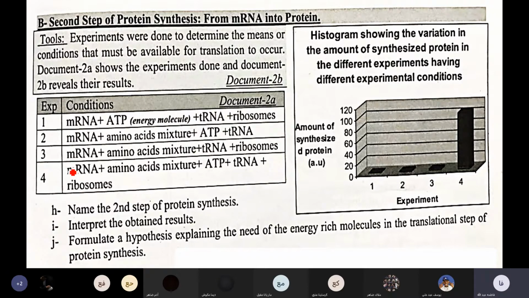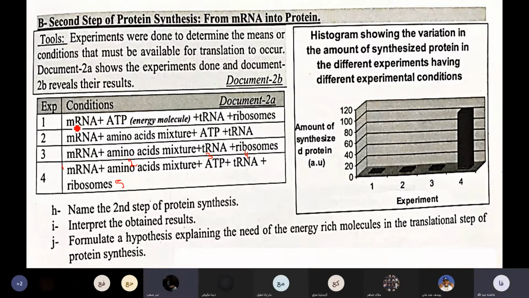So I have messenger RNA, amino acid, ATP which is energy, 4 transfer RNA, 5 ribosome. In 1, which factor is missing? If you compare 1 to 4, which factor is missing? Only the amino acid mixture.